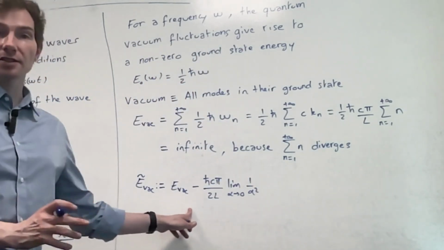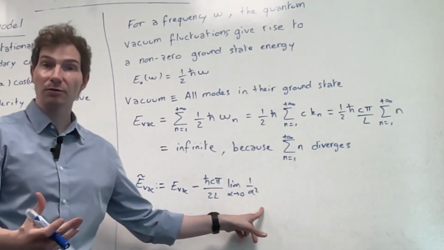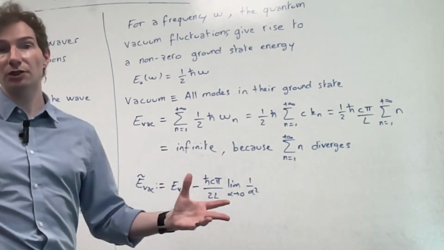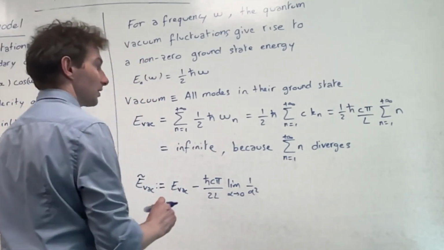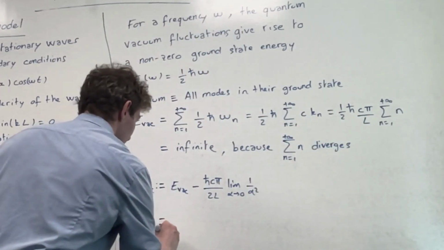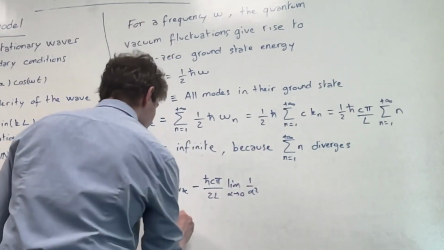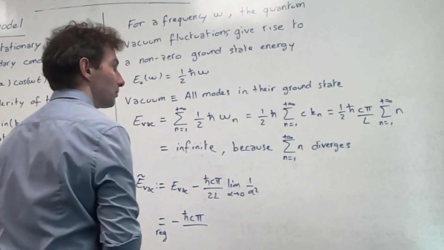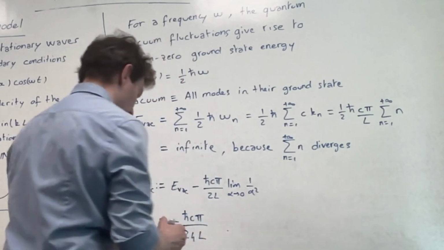So I subtract here the infinite contribution from the diverging part of these modes, and I'm going to get E vac, you can write reg for regularized, and that's going to be minus h bar c pi divided by 24L. Okay, and basically that's it.